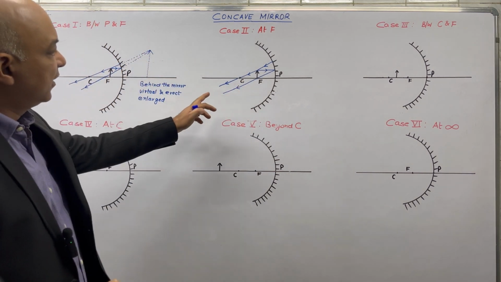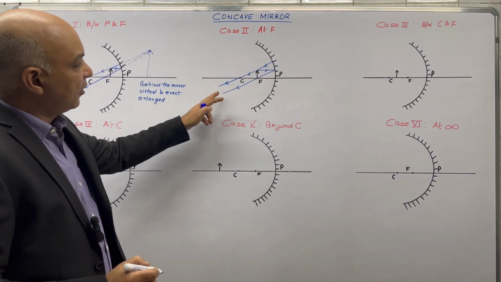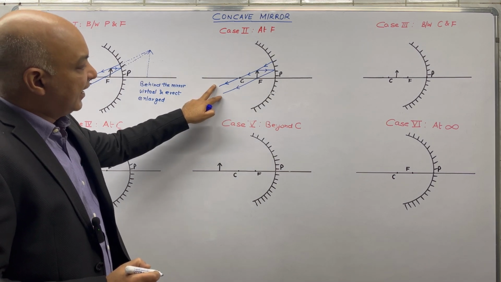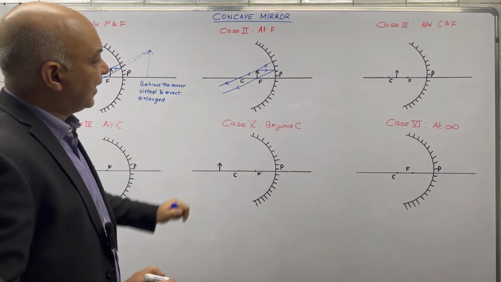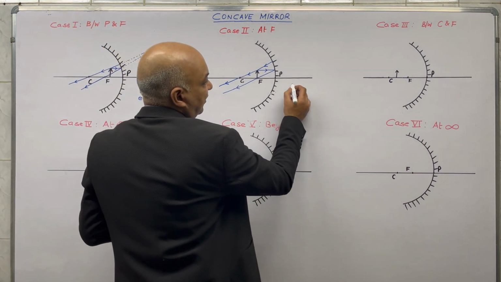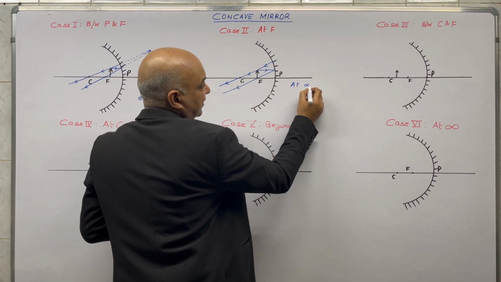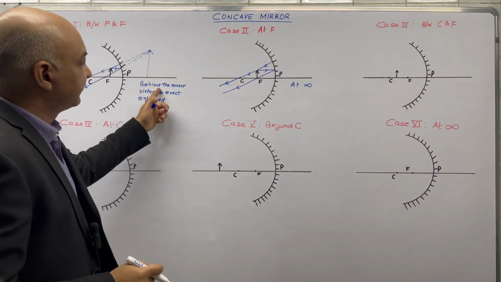and as you can see, these two rays again are not going to meet anywhere in front of the mirror, and they are parallel. So I can say that image here is formed somewhere at infinity.